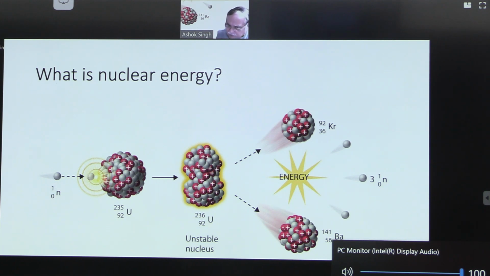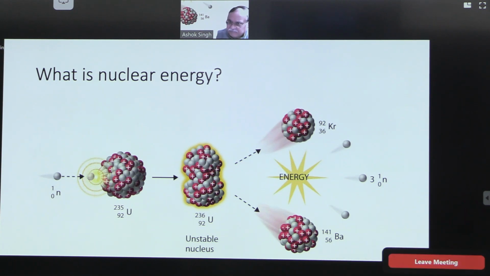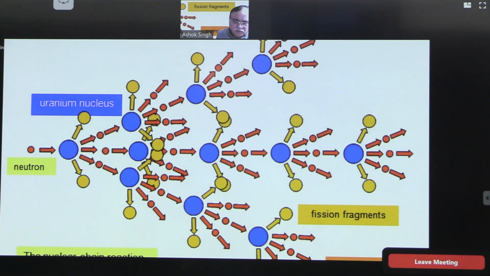It absorbs a neutron and becomes unstable, breaks up into smaller nuclei, emits energy, and also releases more neutrons. Now, this leads to the idea of a nuclear chain reaction.